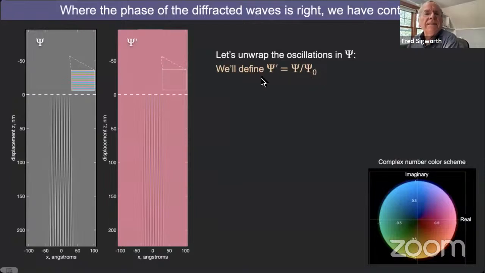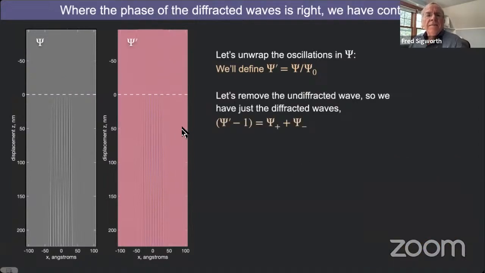And what that does is, instead of oscillating at this incredible rate of once every 2 picometers, it doesn't oscillate at all. Here is the undiffracted wave, and it's equal to 1, a real value. And now still we see this interference going on.